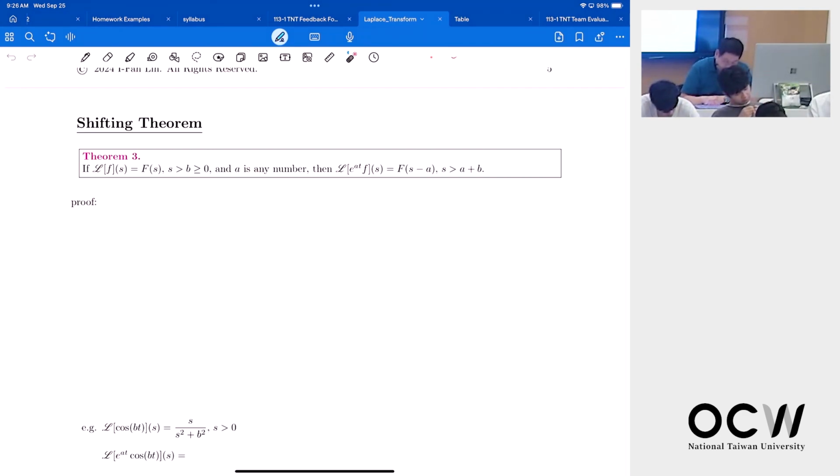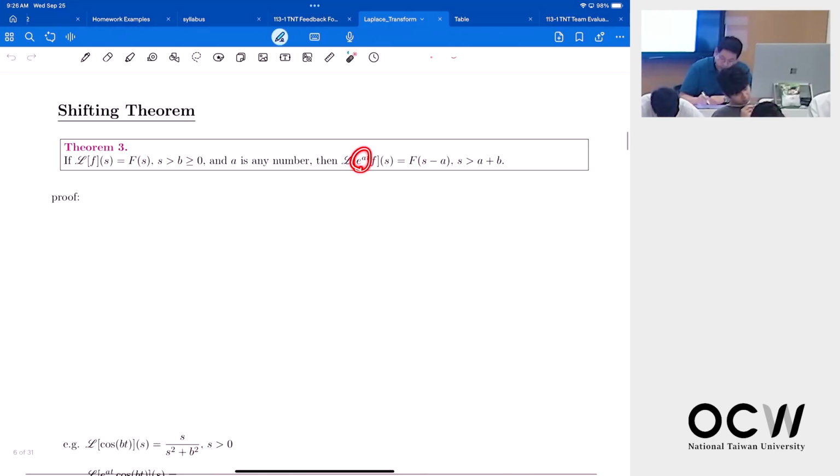And let's see the proof. Why, when the function is multiplied by the exponential, do we have a shift in the Laplace domain?